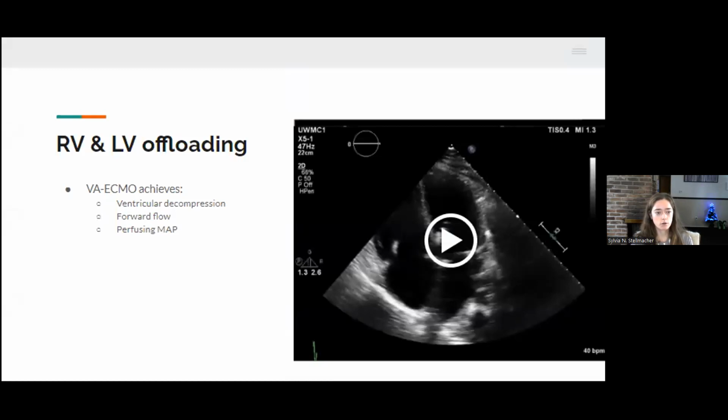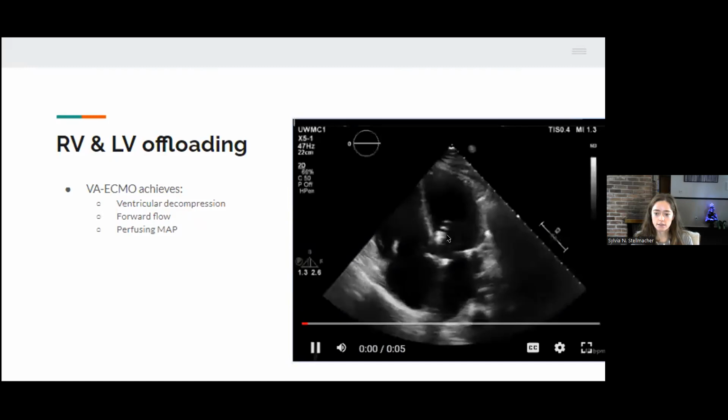The goal with VA-ECMO is that it achieves ventricular decompression. This is both RV and LV decompression. It also maintains forward flow of blood because in a severely dilated or in severe biventricular heart failure, flow is not adequate, resulting in cardiogenic shock. And it also helps maintain a perfusing mean arterial pressure.